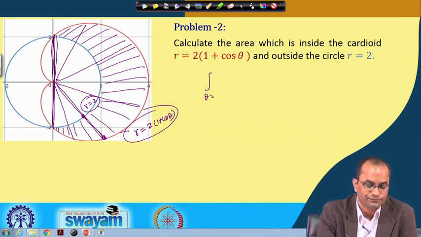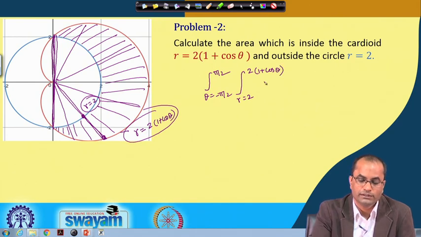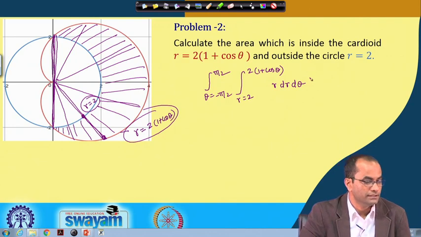So, theta varies from minus pi by 2 to pi by 2, and then for r from 2 to 2 times 1 plus cos theta, and then for the area, our integrand is going to be 1, and then we have r and dr and d theta.